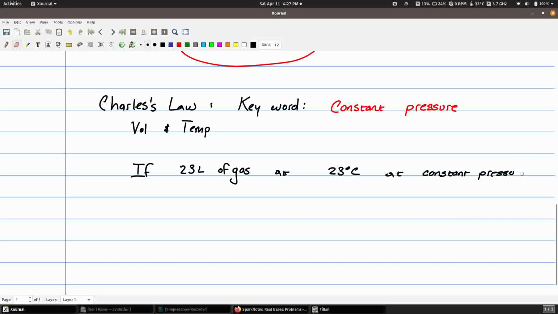Wow, that is one ugly R. Alright, if 23 liters of gas at 23 Celsius at constant pressure, so there's your keyword right here, at constant pressure increases in volume to, I don't know, 80 liters. What is its temperature?